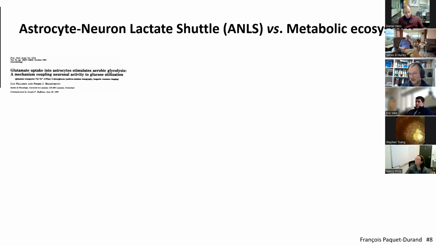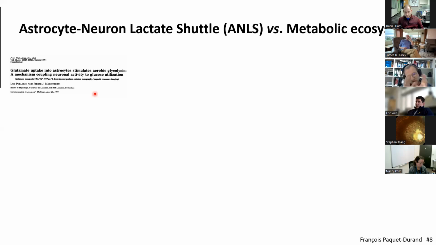I think it was shown for the first time in the 1960s. And to solve this dilemma, a couple of gentlemen from Switzerland, Luc Pellerin and Pierre Magistretti, in the early 1990s came up with an idea that would split glycolysis and oxidative phosphorylation across two different cell types, across astrocytes and neurons.